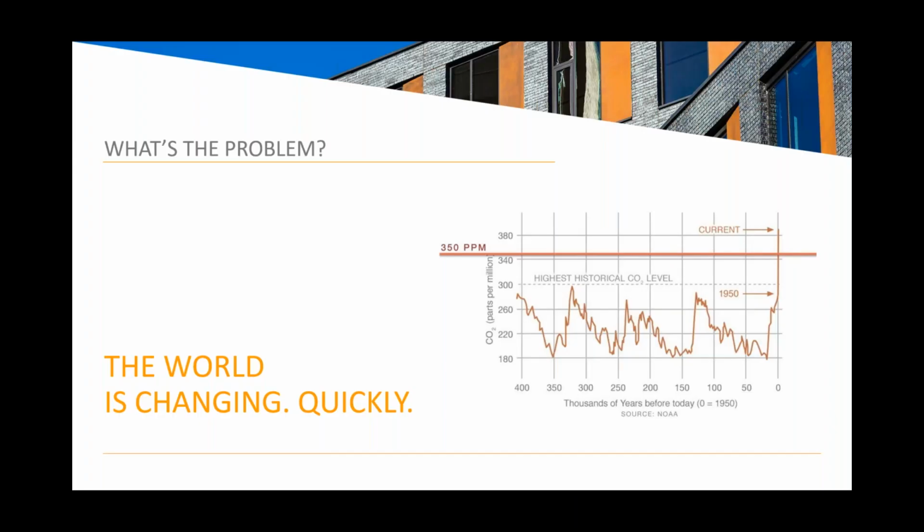The world's changing quickly. This is obviously a graph of historical carbon levels in the atmosphere. And you can see that in the relatively recent past, there's big change and we're seeing higher levels than ever before.